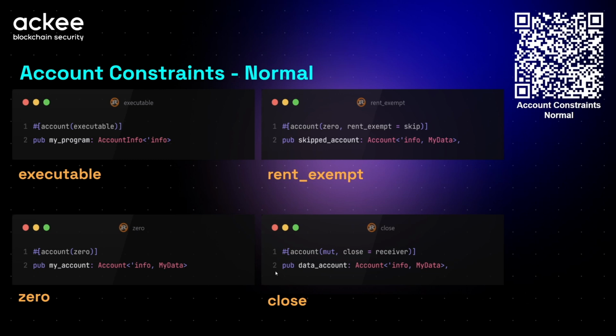You can create one by incorrectly closing the account, so I highly suggest using this constraint. But there might be cases where you are not able to use it, so then you need to close it manually, but use it, I would say, as much as possible.